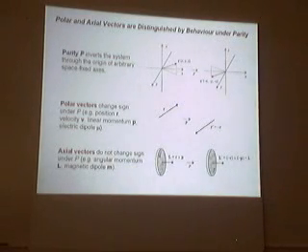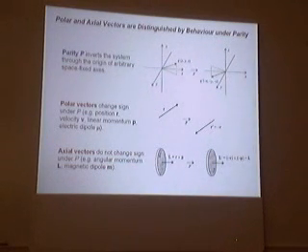So let's look more closely at the behaviour of polar and axial vectors under parity. As I said before, parity essentially inverts the system through the origin of arbitrary space-fixed axes. So you've got some point there, say a particle there, coordinates x, y, z.